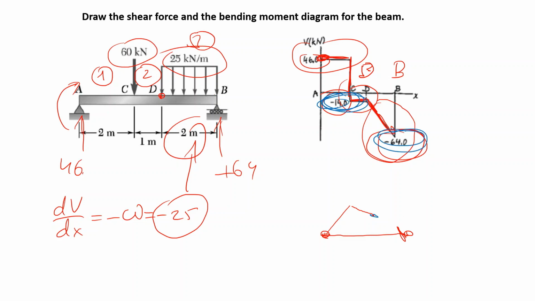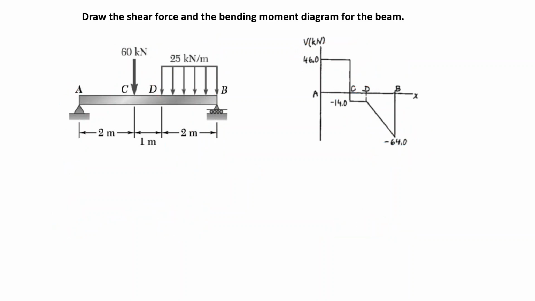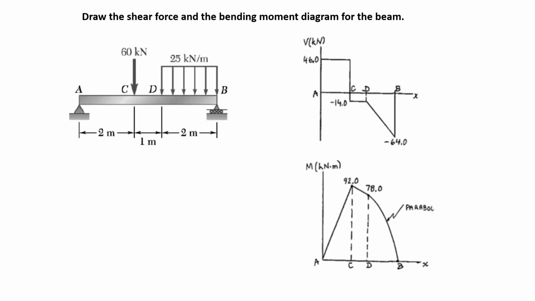So this slope goes down and it becomes steeper negatively, and at the end our moment diagram looks like this. Okay, slope over here is 46, over here is minus 14. Here it starts with minus 14 and here it is minus 64.